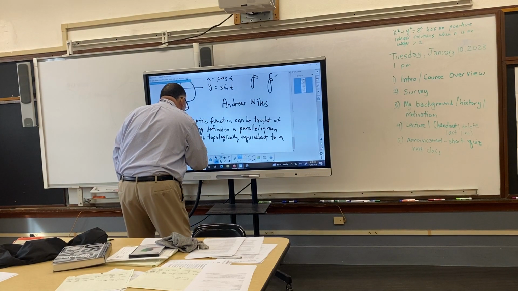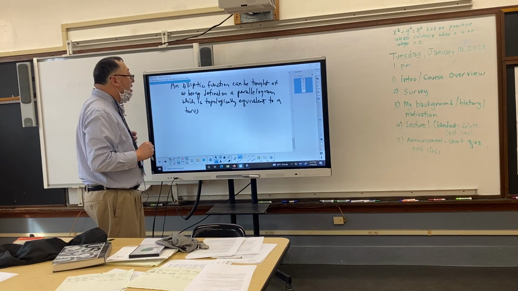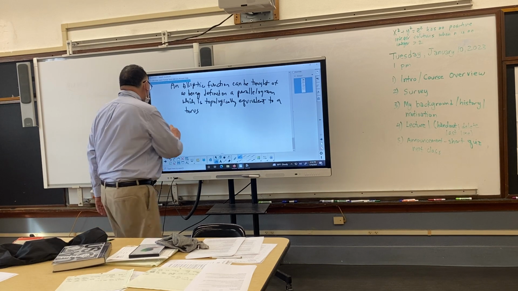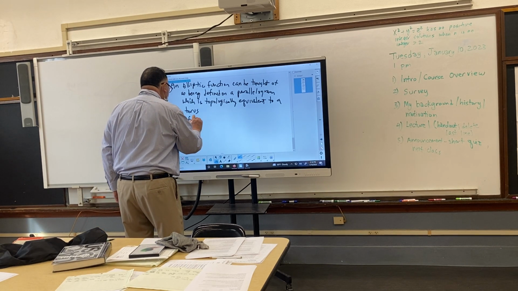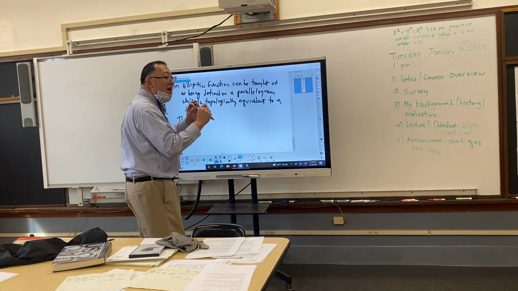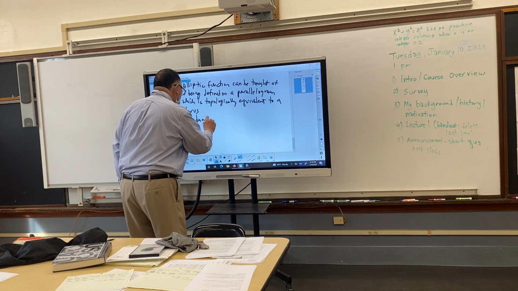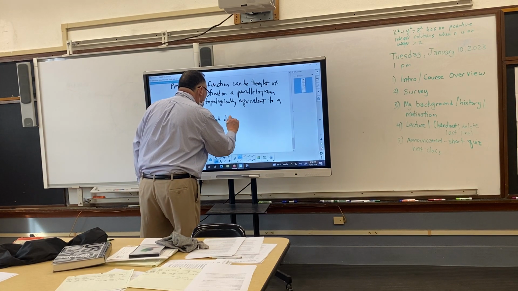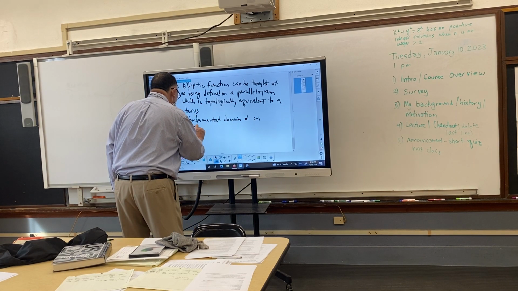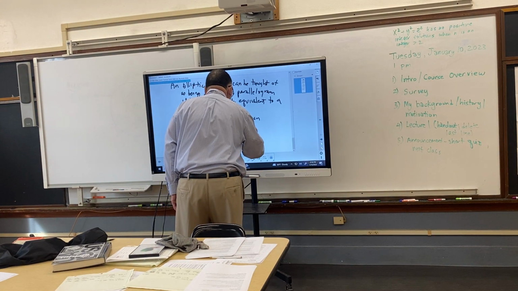We can think of it this way: the fundamental domain of an elliptic function is a parallelogram, I should probably say. That means that once I know what happens there, I know everything about the function, like I know everything about a trig function if I know what happens from 0 to 2 pi, if the period is 2 pi. So the fundamental domain of an elliptic function is a parallelogram.